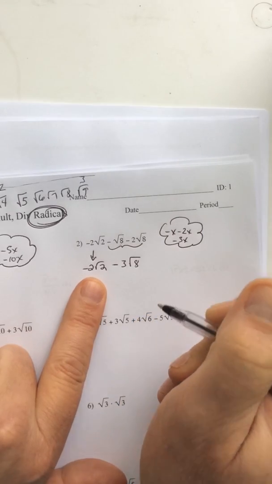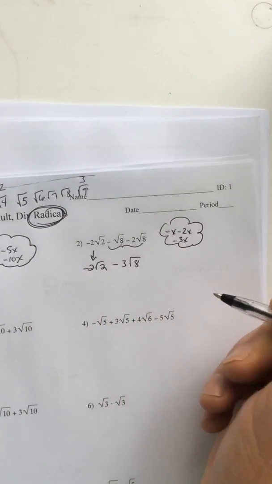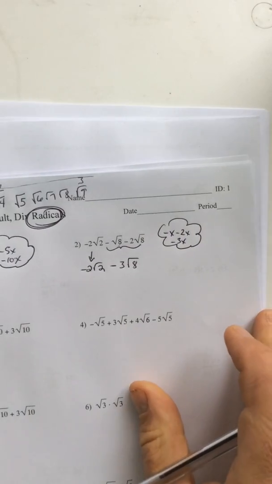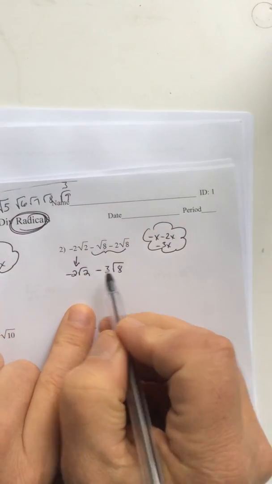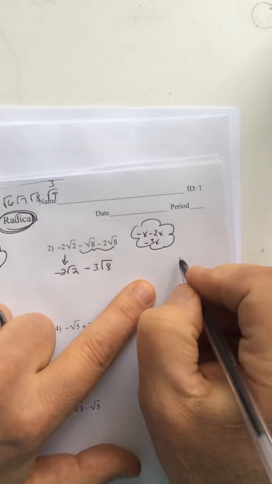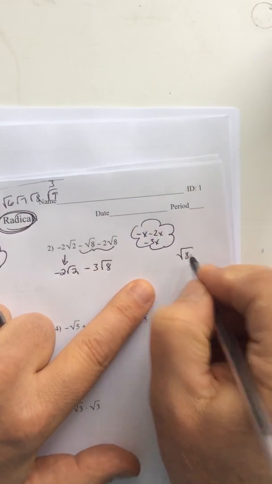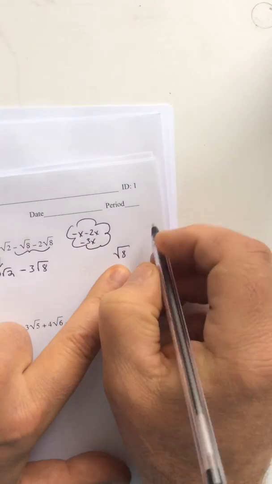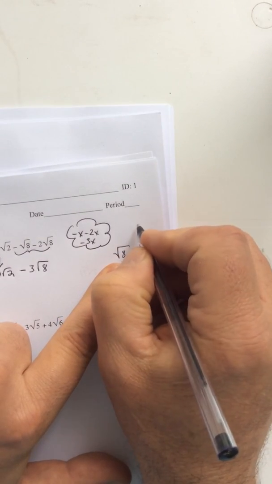Now, one of the things we have to do is try to simplify some of these. So the square root of 8 is actually not done. These two don't go together any further unless we can make that some kind of a square root of 2. Let's take a look at what square root of 8 means. Here are some perfect squares going along the side.